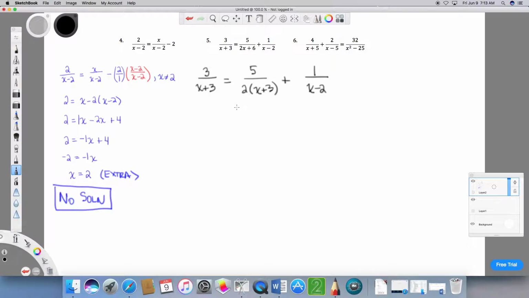So the common denominator that we want in every fraction here is 2 times the quantity x plus 3 times x minus 2. So on the left-hand side, this denominator is missing a factor of 2 and also a factor of x minus 2.